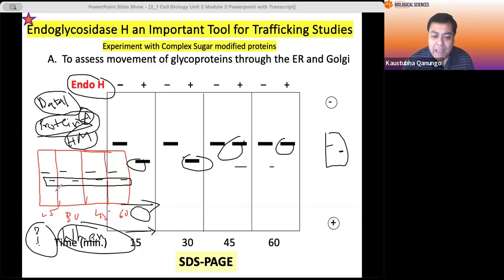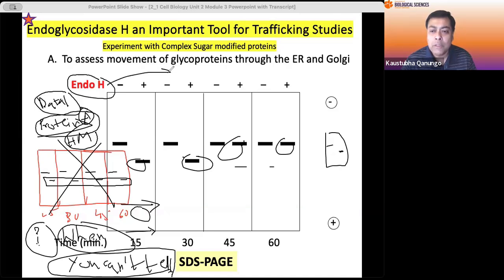So for the high mannose, you cannot do a trafficking study. If I just give you that data, your answer will be that you can't tell when it passed the medial Golgi. You can only tell for complex. Remember that this is the most important part. You can do the trafficking study for the complex.